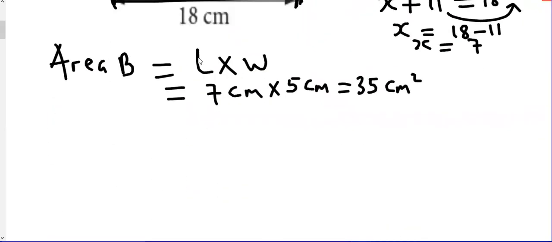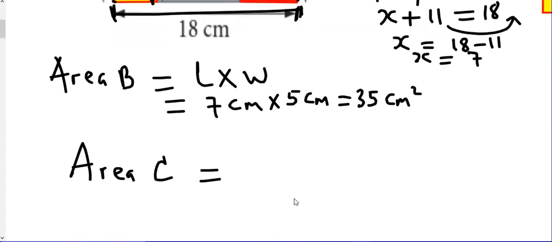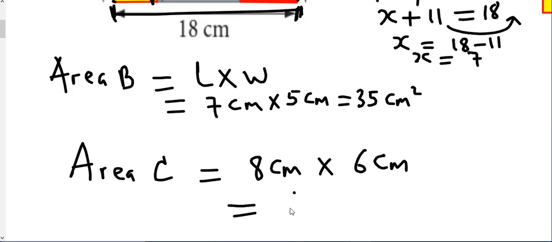So go ahead writing area C. Area C will be equal to length times width, which I write 8 times 6. That will be 8 centimeters, of course, times 6 centimeters. And this will give you 48 centimeters squared.